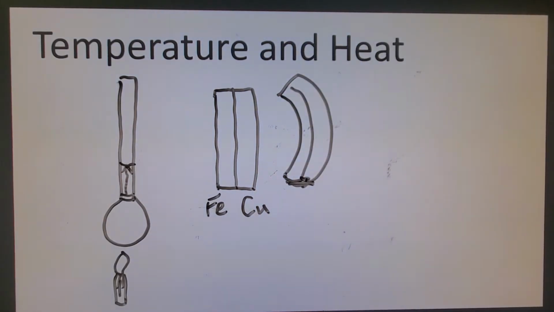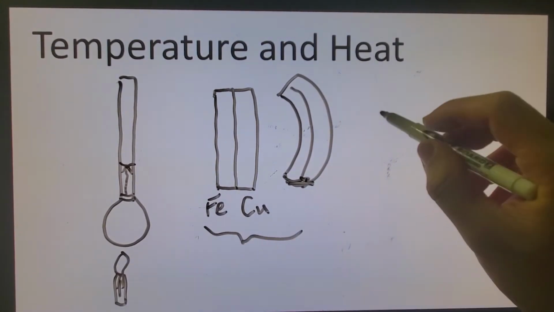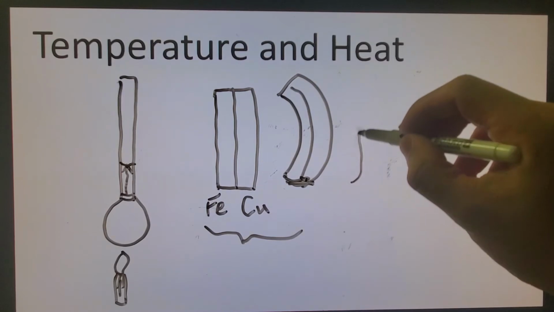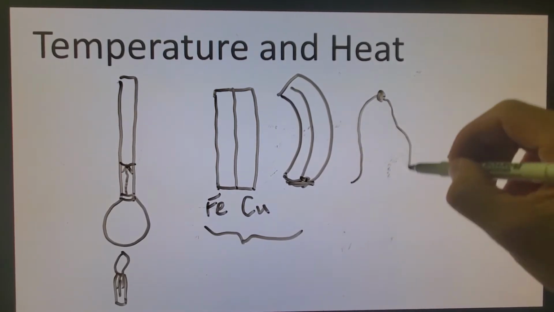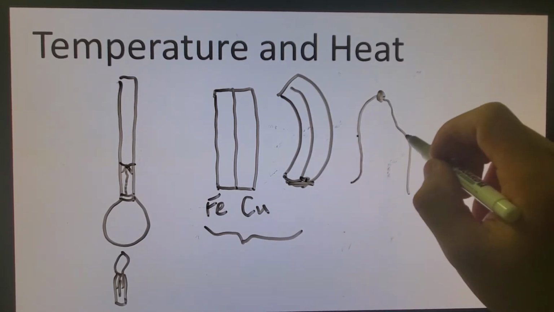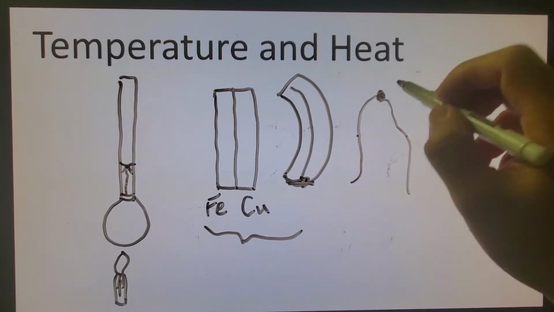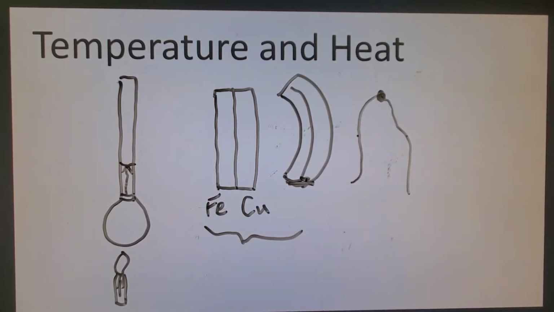Okay. The other one is called a thermocouple. A thermocouple is based on two different metals. This is a metal wire, this is one type of metal, and this is the other type of metal. When you have a connection over here, you create a difference in voltage.